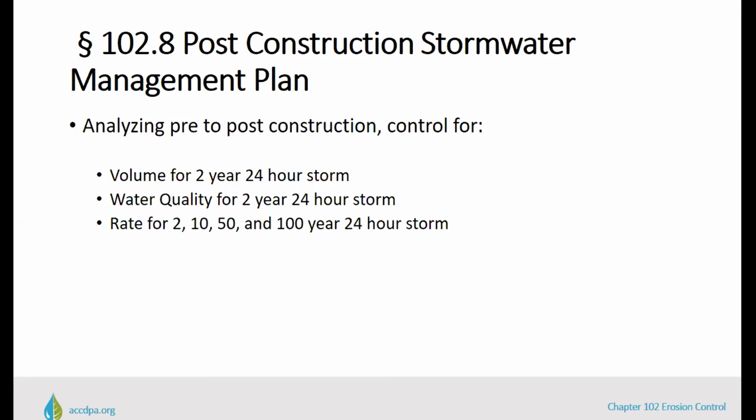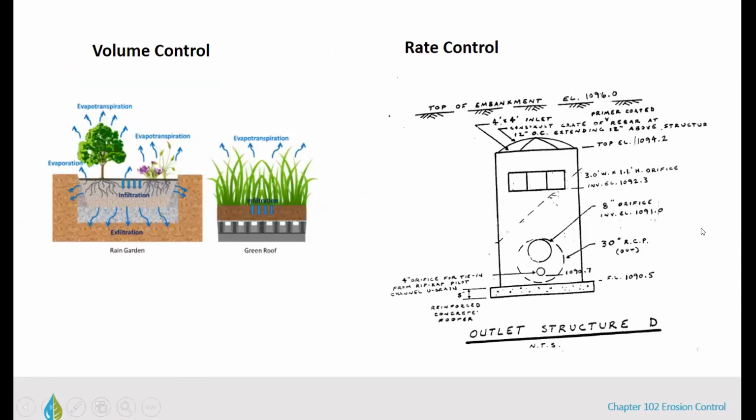It's important to note that ACCD does not perform technical review of post-construction stormwater management plans. That is done by the local municipality, or for some individual permits, by the PADEP. Volume control can be thought of as the removal of the pre to post change of the 2-year volume.